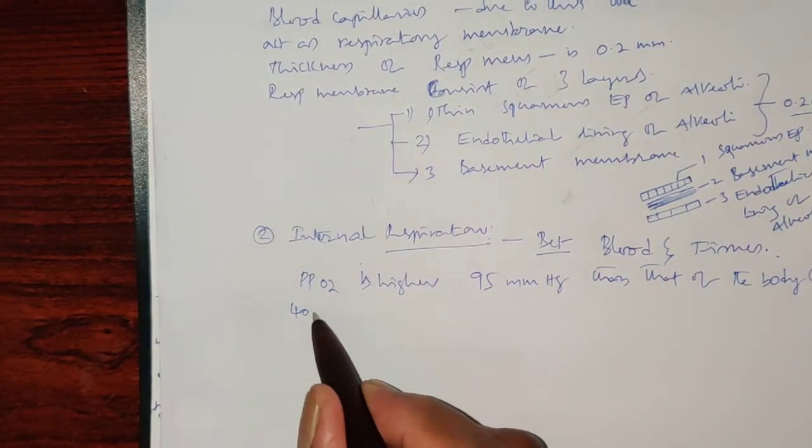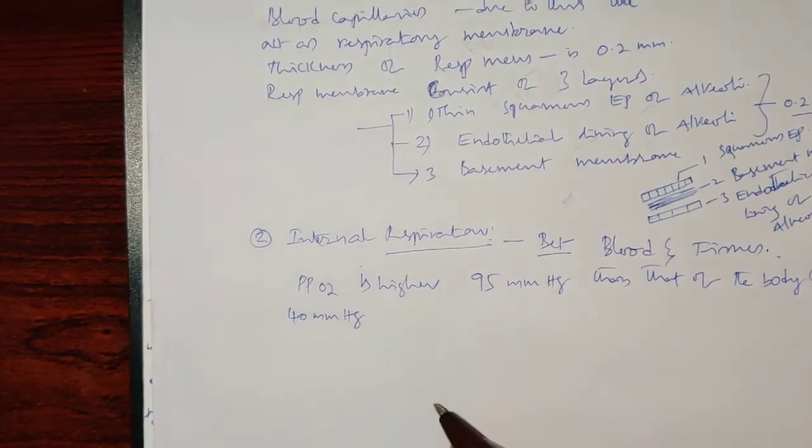Body cells contain 40 millimeters of mercury.